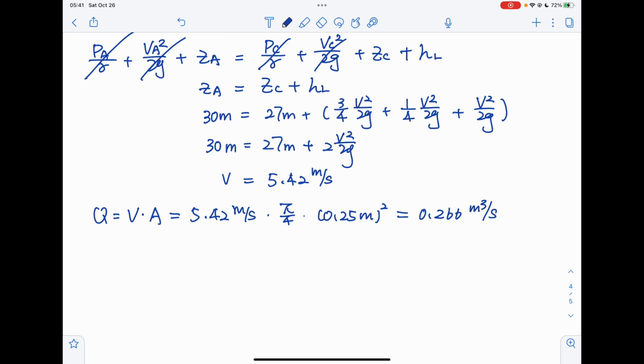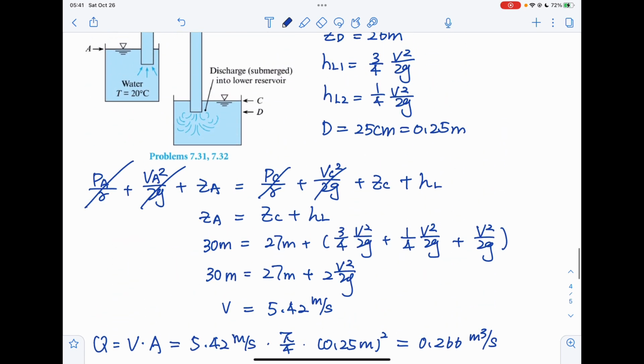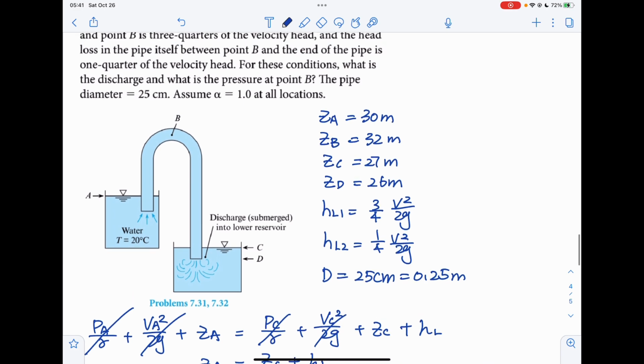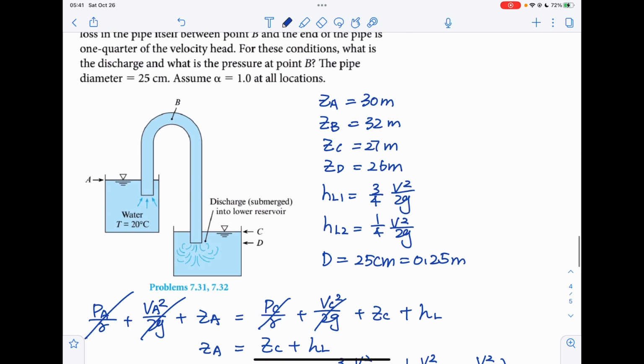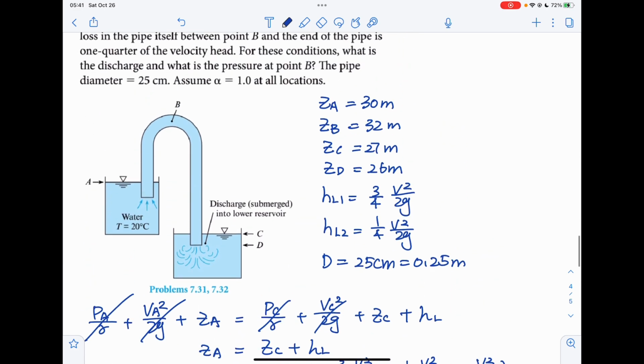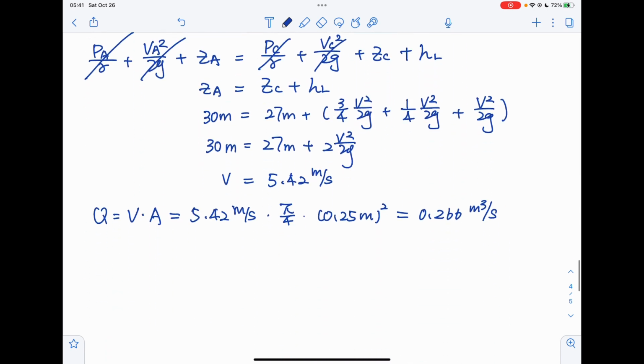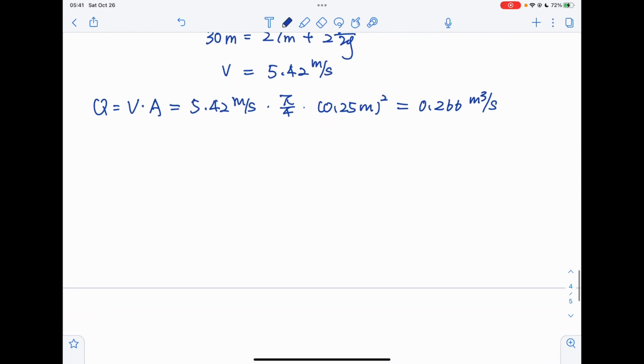So now we have the discharge. The last thing we need to find is the pressure at point B. We can choose either points B and A or points B and C to apply the energy equation.